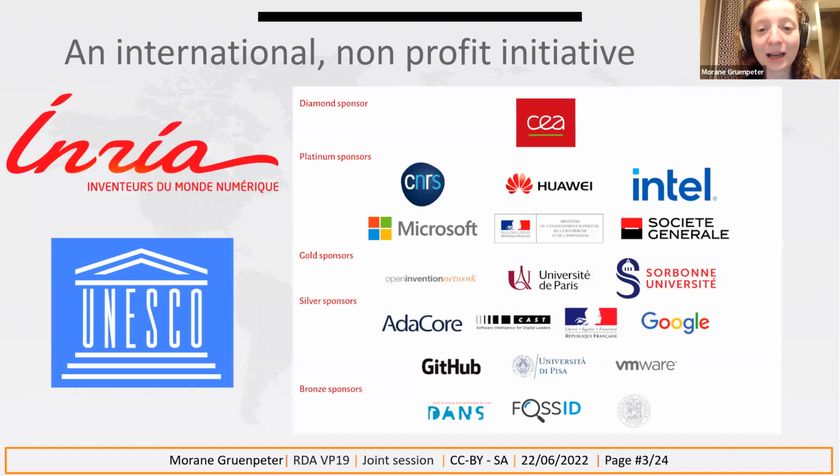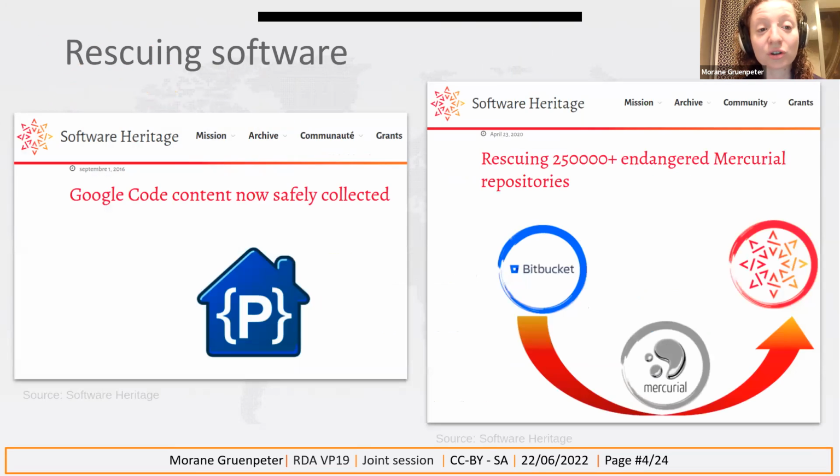To give you some idea of the community that's backing Software Heritage, we are hosted in the INRIA Research Center, and we have UNESCO as a full partner and a diverse panel of sponsors. One of the important missions of Software Heritage is to rescue code. You might ask yourself why it's so important. Software source code is fragile.